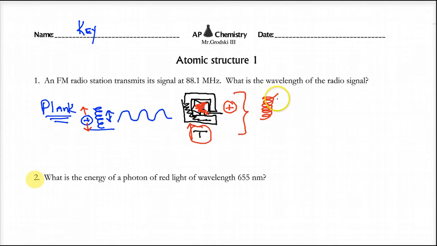They knew that moving charges made electromagnetic radiation, so they figured that any energy and any motion was possible, so these springs could have a resonant frequency of any frequency.